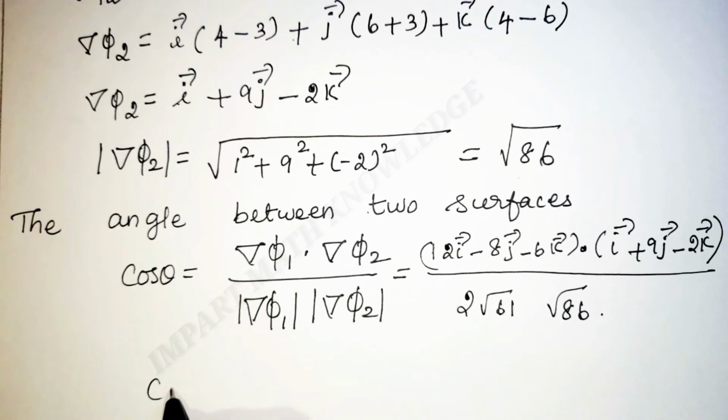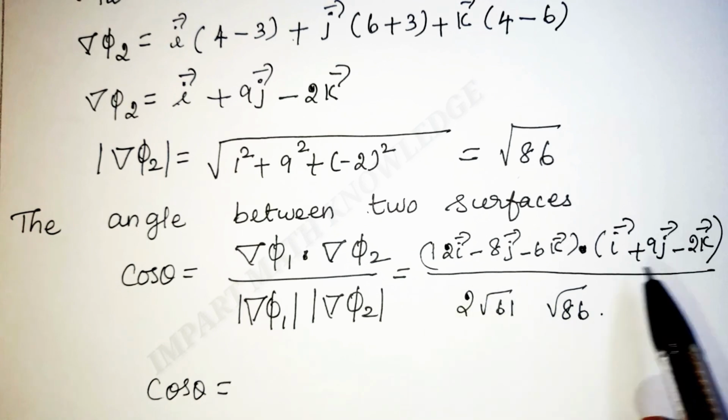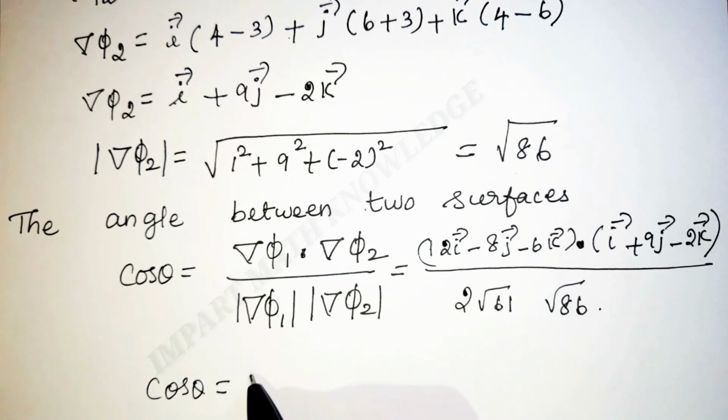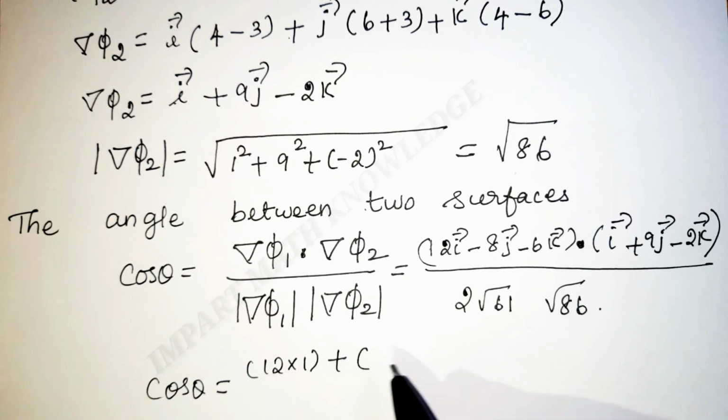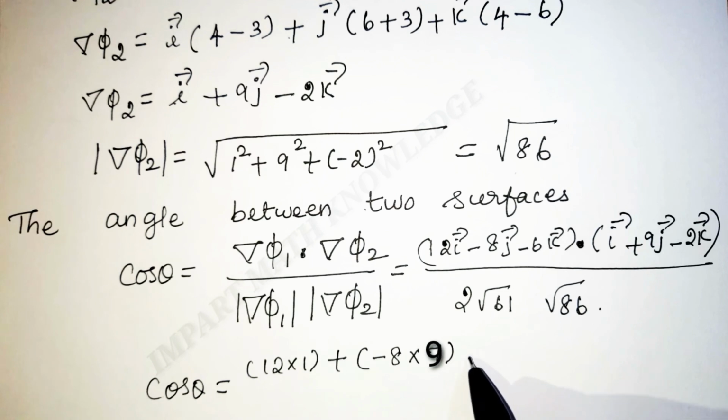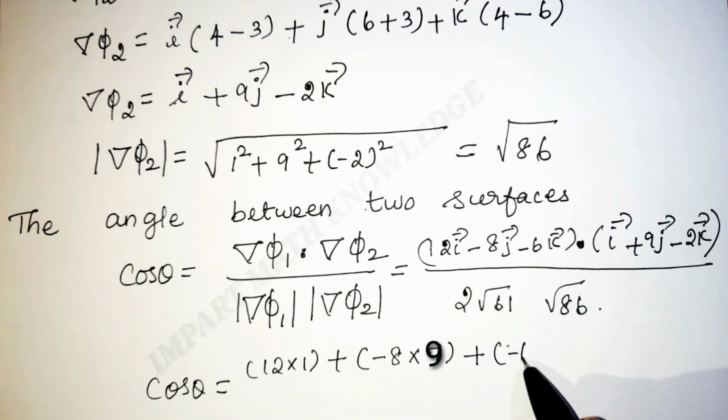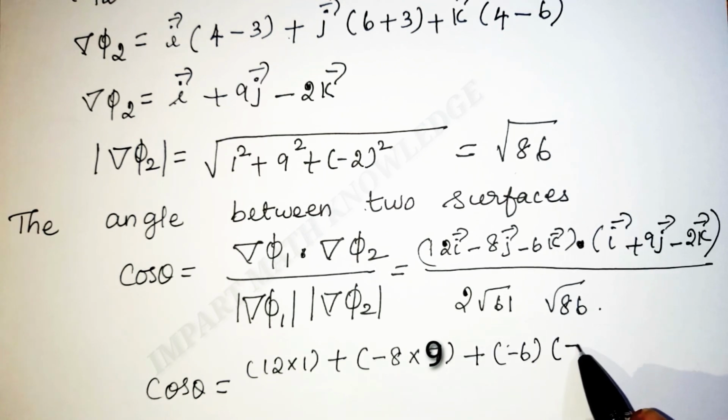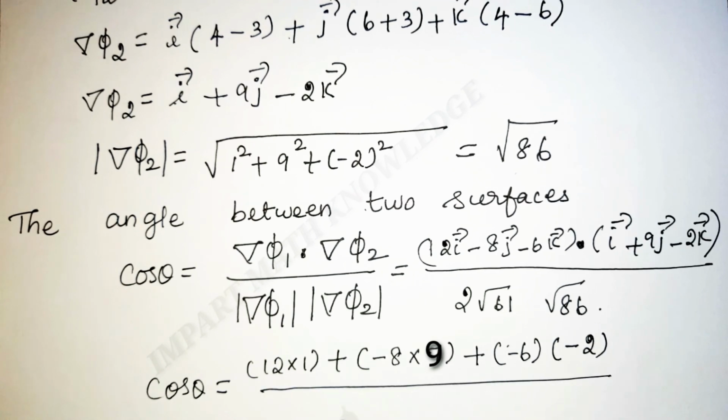So cos theta is equal to, take the dot product of the numerator, that is 12 into 1 plus minus 8 into 7 plus minus 6 into minus 2, divided by 2 root 61 root 86.